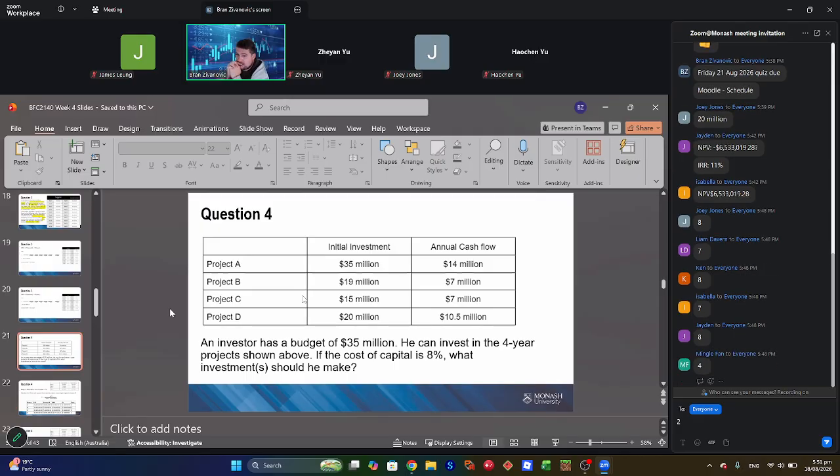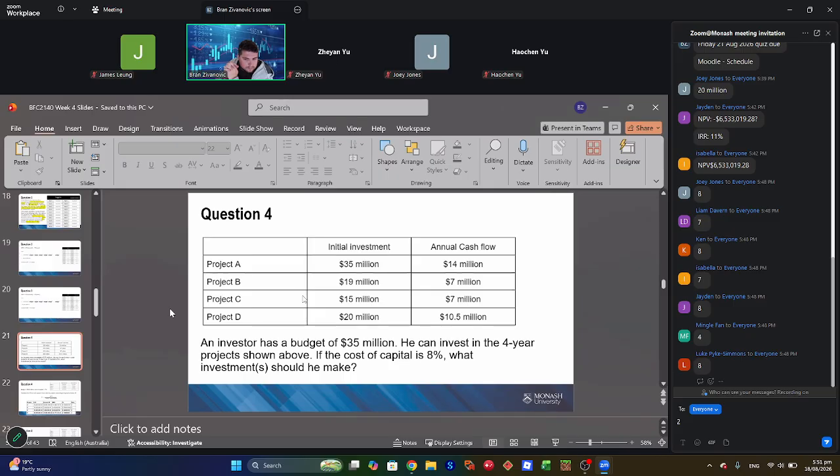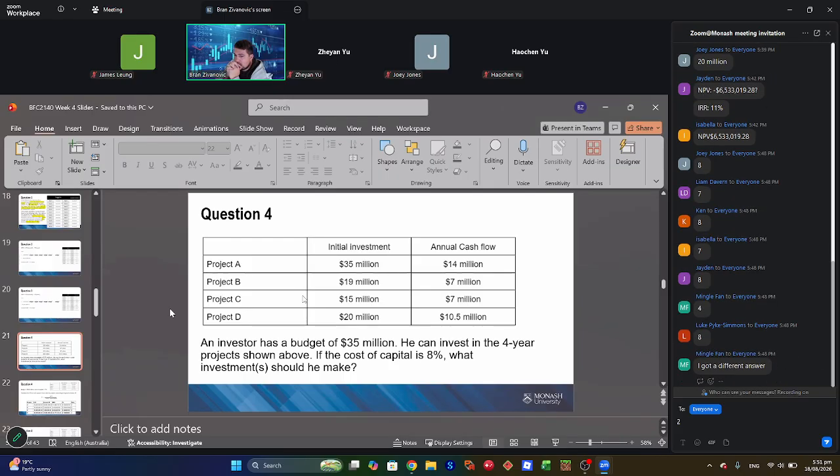All right, good stuff. 4. Do you have any questions? If you're sitting on a 4, is there anything that sticks out for you? 8, yep. Different answer, okay?